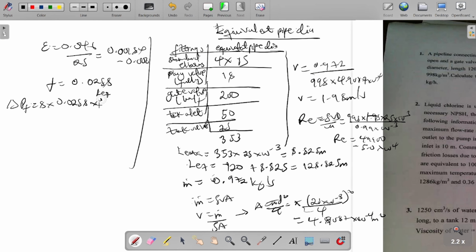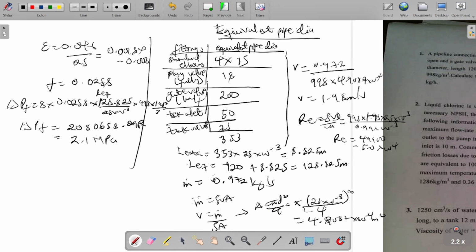So we have 128.825 divided by the diameter, 25 times 10 to the power minus 3, times the density 998, times 1.98 squared divided by 2. This gives us a pressure drop of 2080658.29 Pascal, which is 2.1 megapascals.